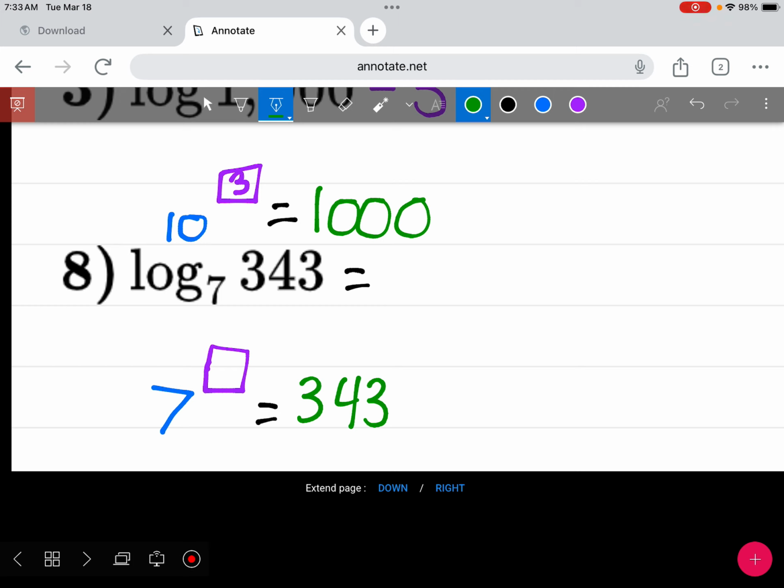So think through the powers of 7, which you can use your calculator for. 7 squared is 49. That's one we should hopefully know. 7 cubed. That's how we're going to use the calculator: check the right powers of 7.